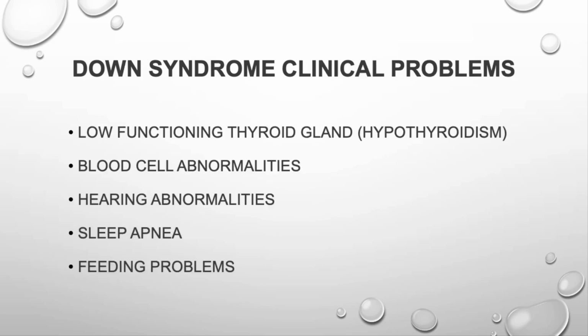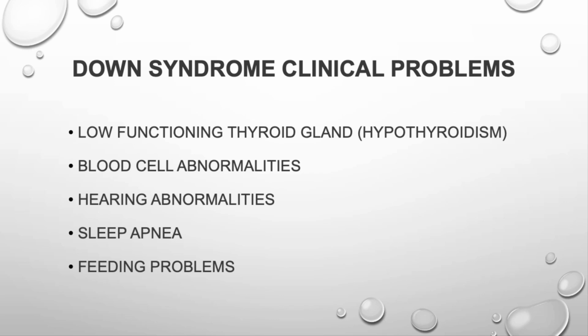Other medical problems include issues with the thyroid gland, something that is known as hypothyroidism, because it doesn't function well, and that can be addressed with appropriate medications, so it's really easy to address. Problems with the blood cells, we will go into that later.